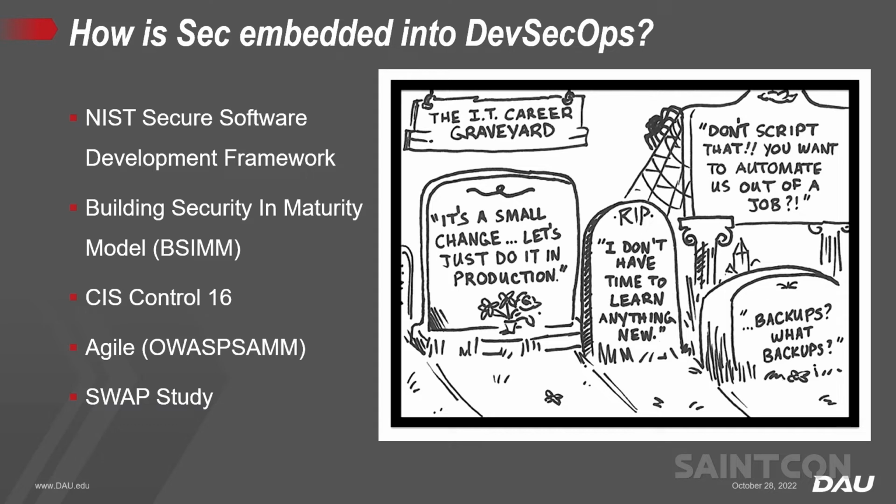It's not great. There are great resources to help you get good frameworks. NIST has the Secure Software Development Framework. Then there's the Building Security In Maturity Model out there. CIS, mainly Control 16. The CIS group does a great job of taking requirements from other groups and making them a little bit more readable for organizations, especially industry, to understand the security aspects of controls.